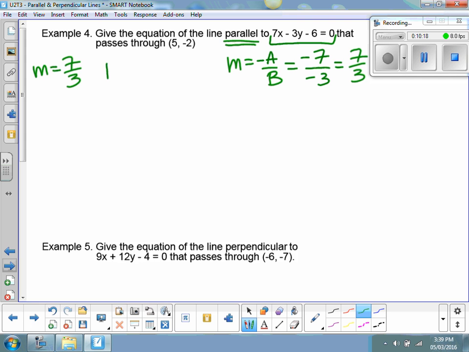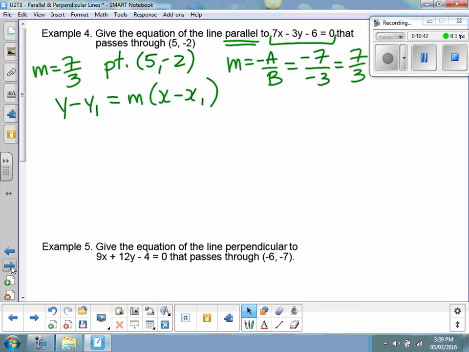And then we have the point 5, negative 2. So this is back to what we worked on in our last topic. And remember how we talked about the fact that when we have a fraction slope, it's probably going to be a little bit easier to solve if we use this form for the equation of the line.